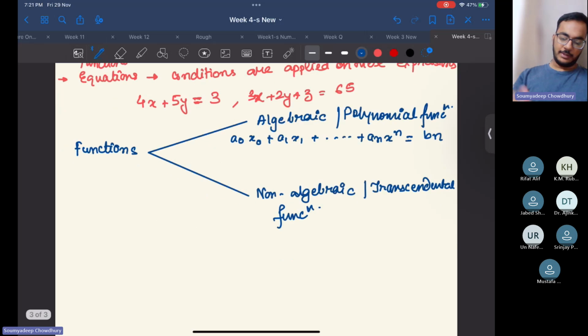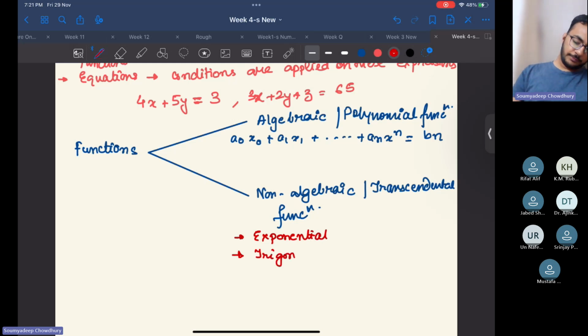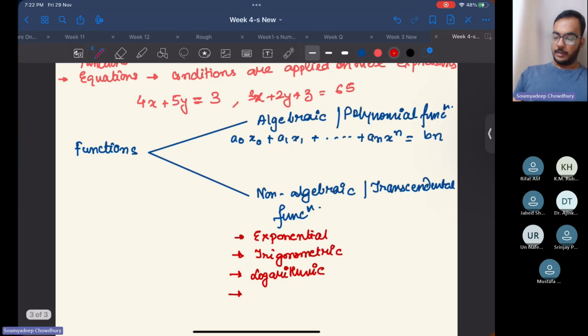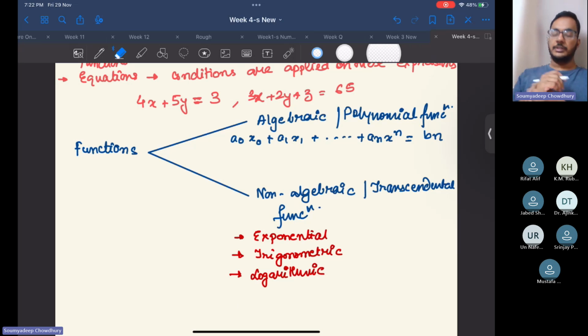Non-algebraic or transcendental functions don't have a general form. They can be exponential equations, that is, terms consisting of exponential terms. Then we can have trigonometric terms, then logarithmic terms, or any combination of all these: exponential, trigonometric, logarithmic.